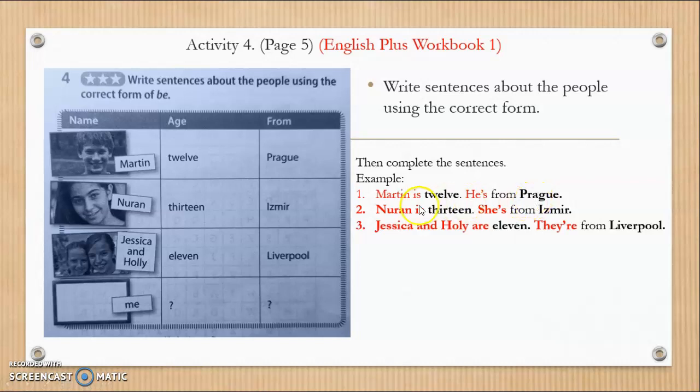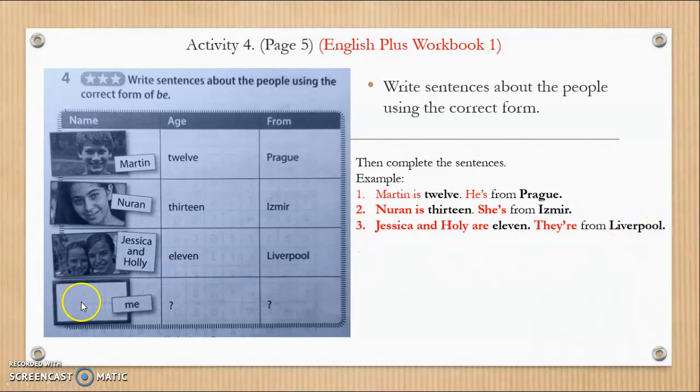Noran is 13. She is from Izmir. And then Jessica and Holly. They are two persons, so they are under plural. So Jessica and Holly are 11. They are from Liverpool.